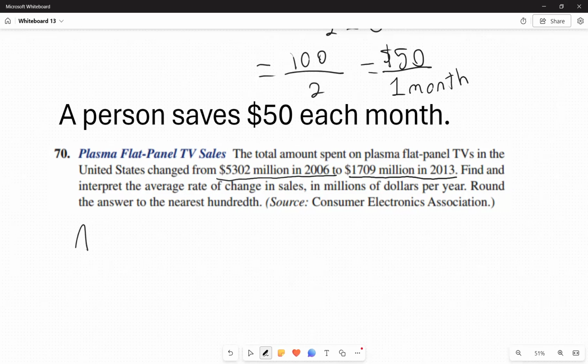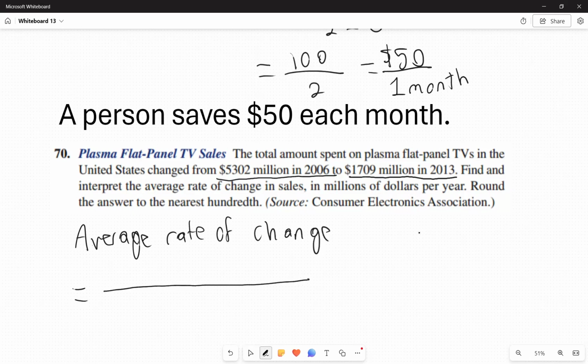So the average rate of change is going to be the change in sales in millions over the change in time.